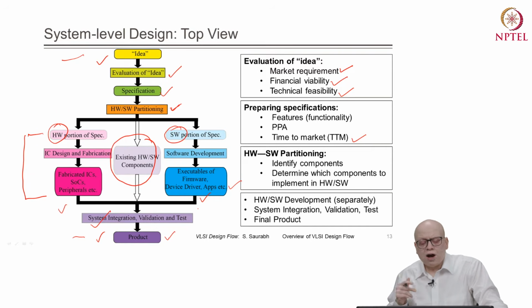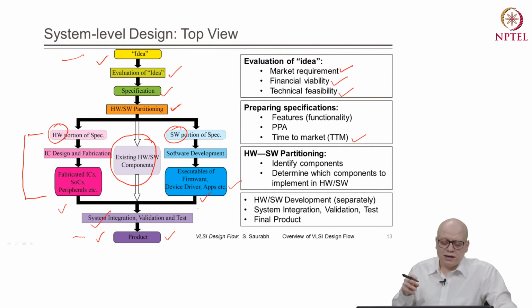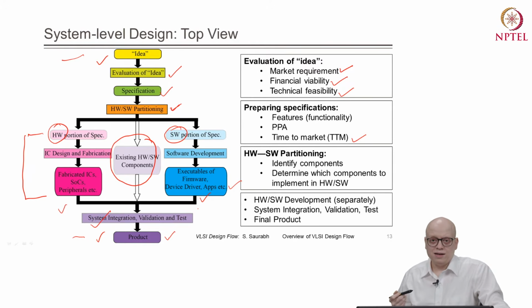Now we will be looking into a few of these system level design steps in more detail. It is worth pointing out that the system level design varies depending on the type of product we are designing or the type of functionality we are implementing.